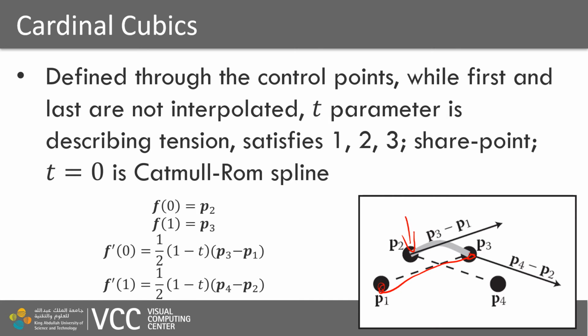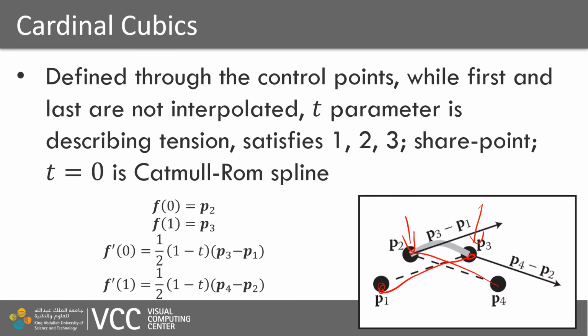The same holds for P3. We calculate it as P4 minus P2. So these points implicitly define the derivatives at the points in between. So the cardinal cubics do not use the first and last point for interpolating, only for calculating our derivatives at the other points. So it doesn't go through the first and the last point.